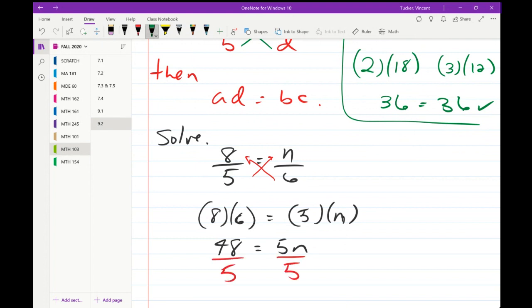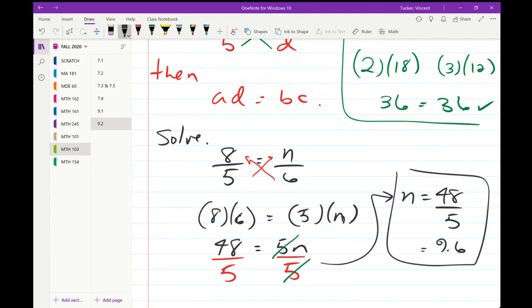Divide by 5. Whoever assigns the problem will let you know what form they want your answer in. That's how you would do it.